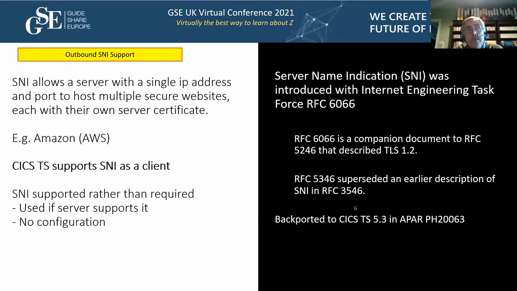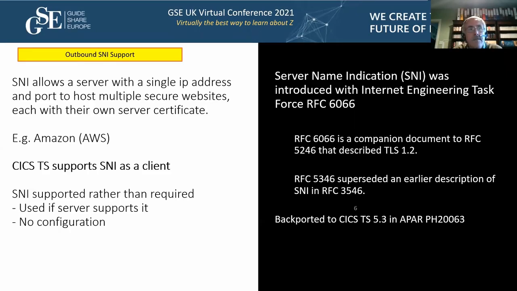And it enables the virtual host to supply the certificate of the virtual site that is being hosted on that single host, rather than the certificate of the host itself. And this comes in, for example, with Amazon Web Services, and it's an example of the sort of thing that SNI support is useful on.